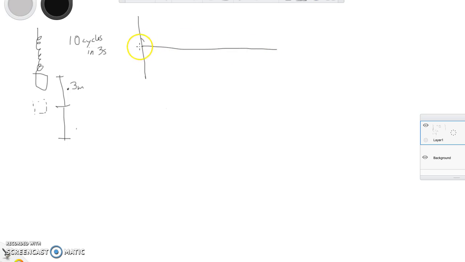Okay, so if we say we're going to start at the beginning where we released it, it's going to start here, go down, and come back up, in the world's ugliest cosine graph. Something like that. And then we could put some values here. So what was the time for one complete cycle?